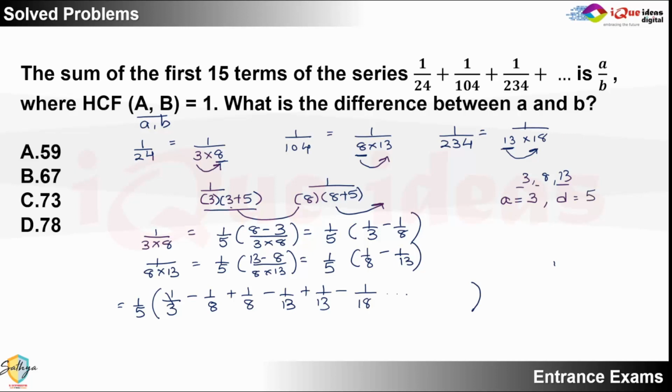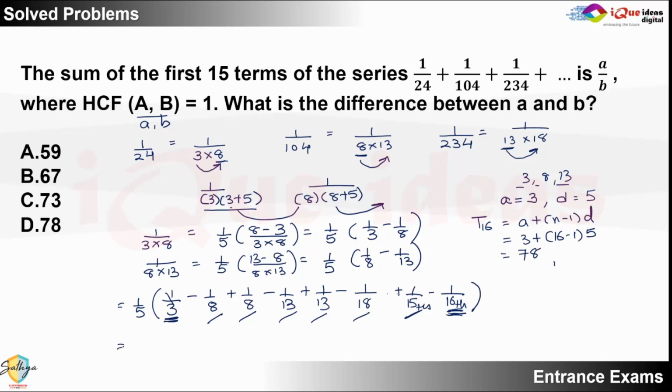Interestingly, all the terms in between get cancelled. Only the first term and the 16th term will remain. So let us first identify the 16th term of this series using the formula a plus (n minus 1) into d, which is 3 plus (16 minus 1) into 5, which is equal to 78.